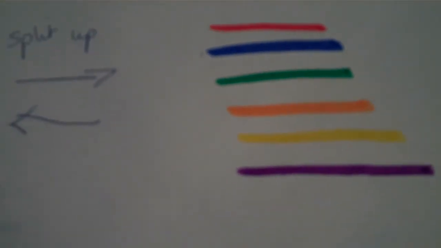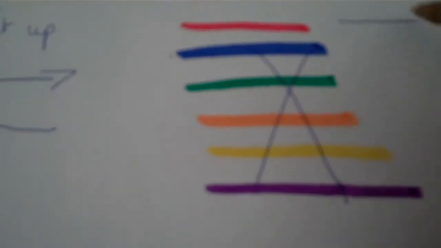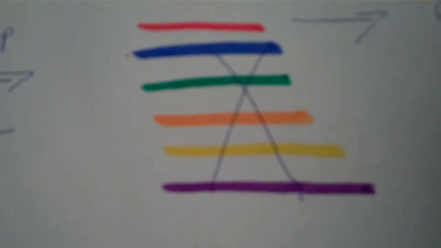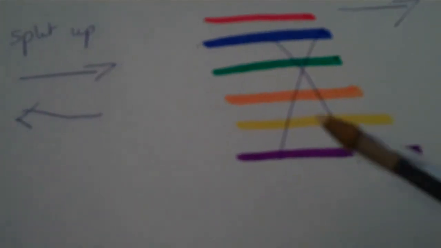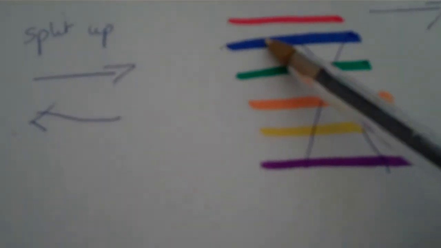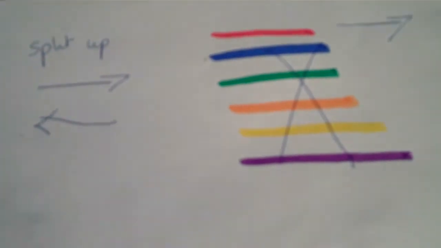But what about food coloring? Okay, let's say we have red food coloring. Red food coloring absorbs all the different colors except red, and red is going to your eyes. Blue food coloring will absorb all the different colors except blue, which will then go to your eyes.